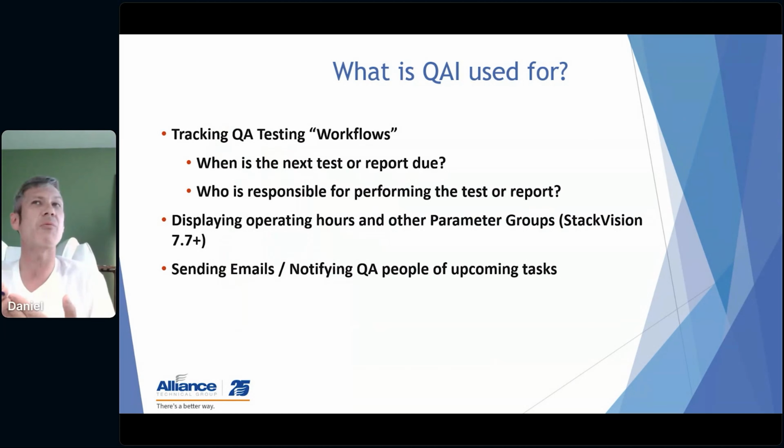When is that report due? Who's responsible for performing the test or turning in that report? The other big thing is displaying those operating hours in the other parameter groups. With StackVision 7.7, one of the features is that we're going to be adding more things than just your stack operating hours. And lastly, sending out those emails, notifying people of, hey, I just hit 168, I've got a linearity coming up. Where am I at with that?